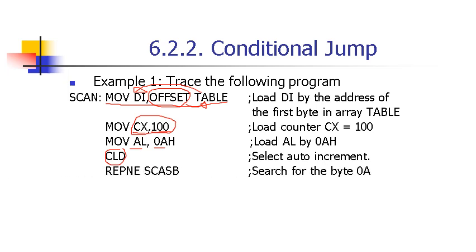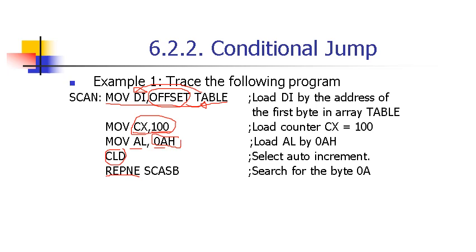Good. Here, what we're trying to do is this. We are going to repeat while not equal. Repeating what? We're scanning these 100 elements. We check every element we read against 0A.